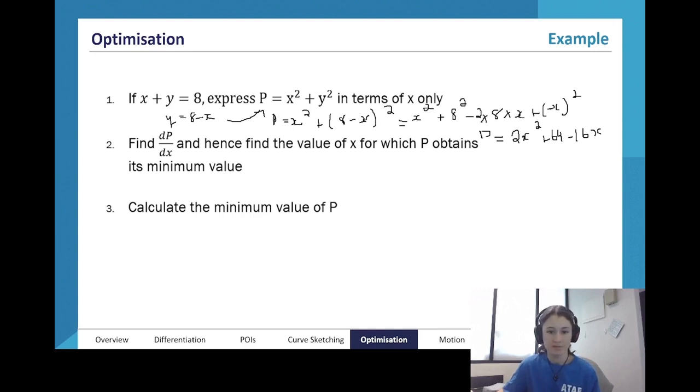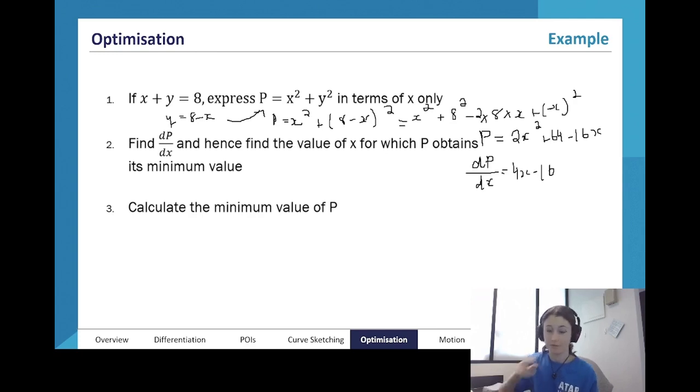Now we need to find dp dx. This is the perfect equation that we have now, because we can derive P with respect to x. So dp dx is going to be equal to 4x take 16. And now we need to find the value of x for which P obtains its minimum value.